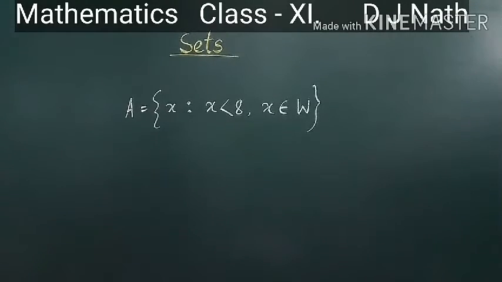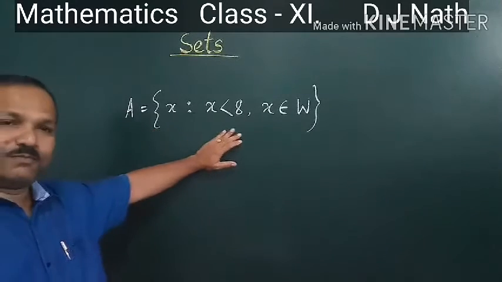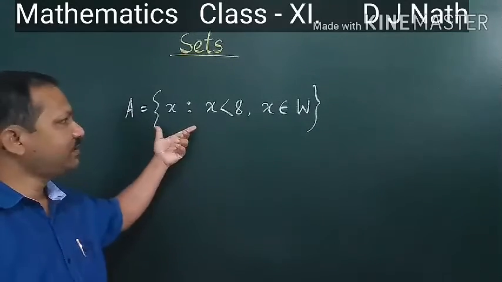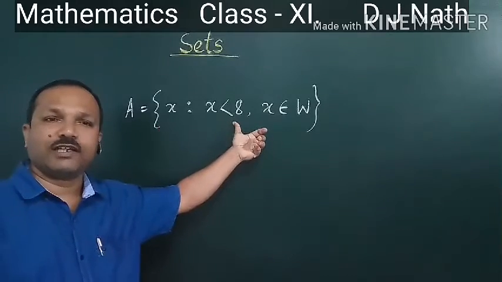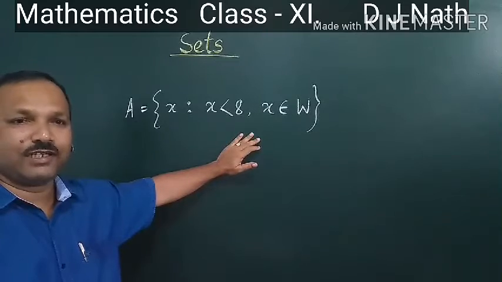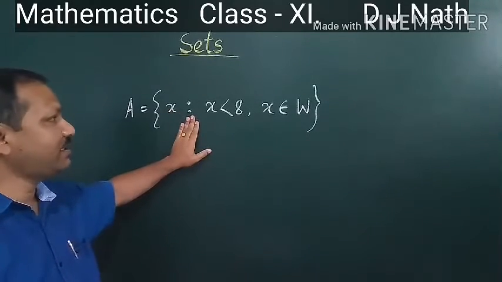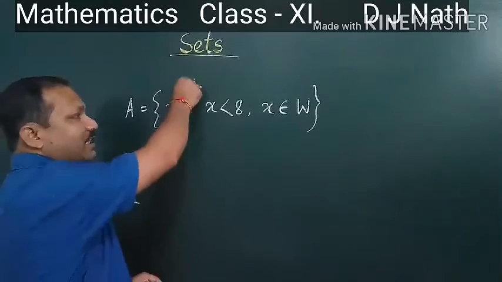Here I have written a set. It is of which form? By seeing that you can understand it is in set builder form. So what does it indicate? X such that, which can also be written with a slash.